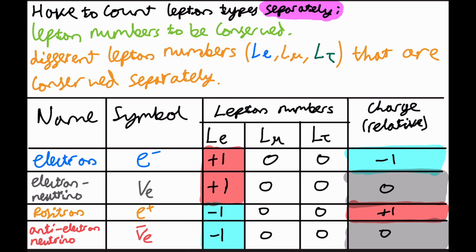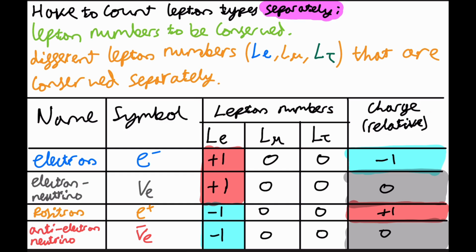And lepton numbers have to be conserved, but you have to count each lepton number type separately. So for example, electrons have their own lepton number, muons have their own lepton number, and tauons have their own lepton number. So different lepton numbers, Le, L mu, and L tau, are conserved separately. So for example, you have the name of the lepton, the symbol, the lepton numbers over here, and the charge of each one, just to know.